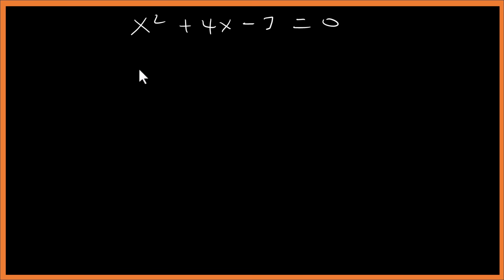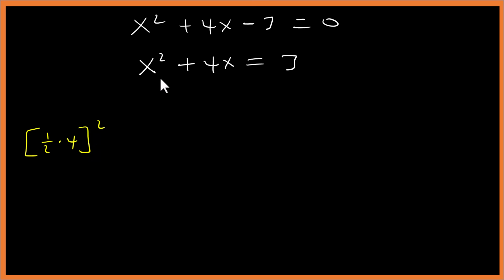First of all, I'll send the minus 3 to the other side: x squared plus 4x equals 3. Now I'm going to take half of the coefficient of x, square it, and add to both sides of the equation.